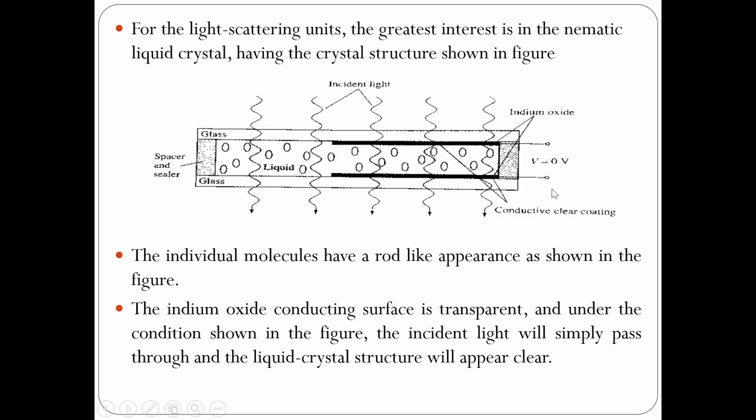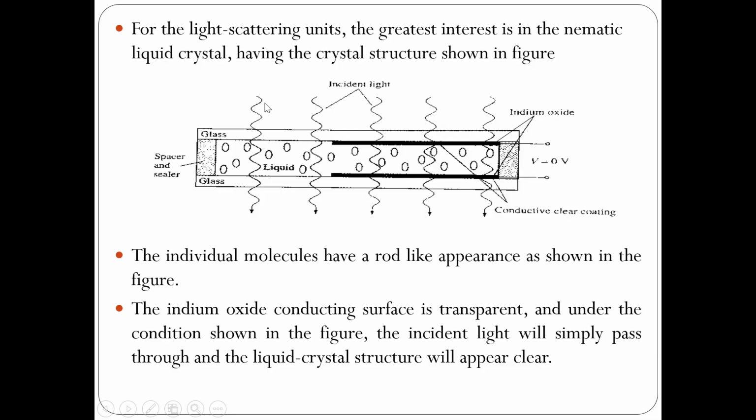So with zero voltage, there is a conductive clearing coating, and then the spacer and sealer. The upper and lower glasses are the outer glasses. The incident light passes through the liquid crystal display and emerges in the form of output, which is the display. The individual molecules have a rod-like appearance, as shown in this figure.